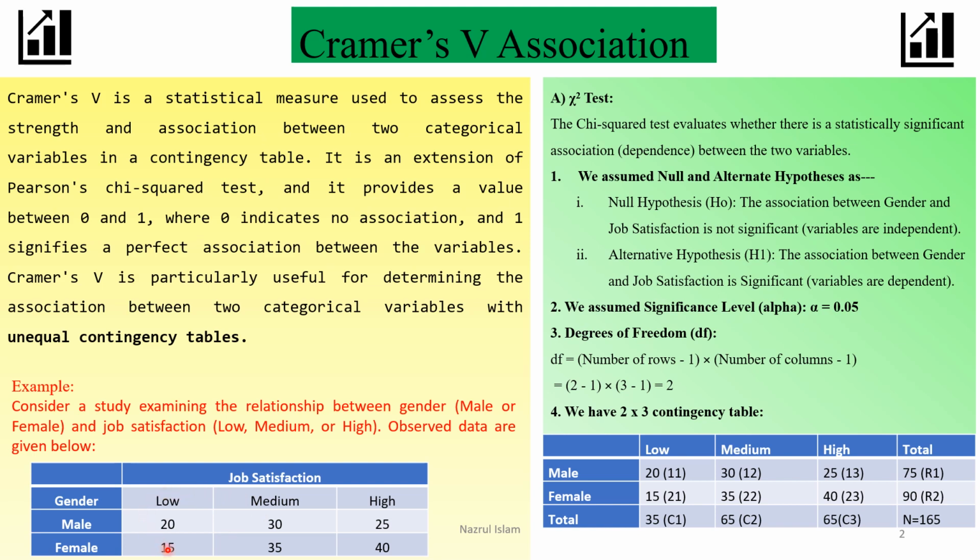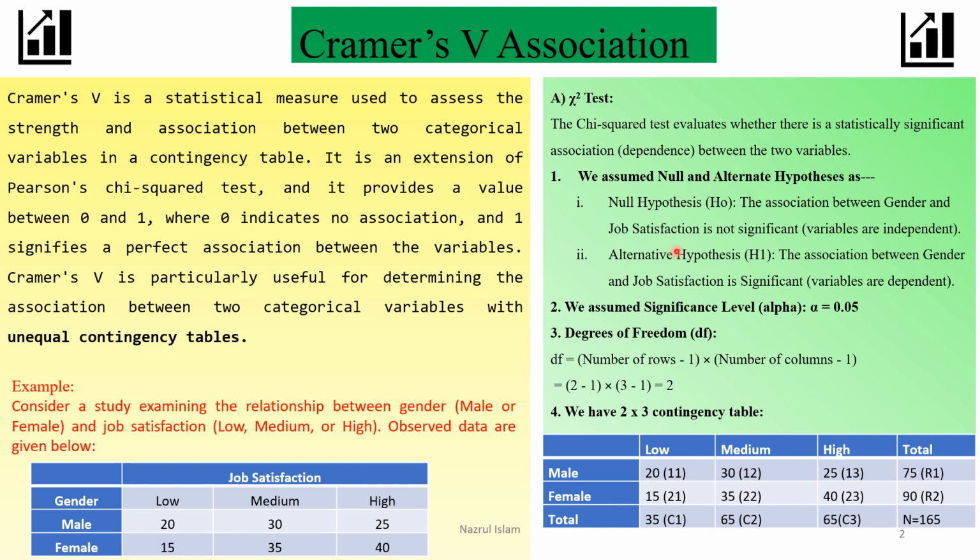All data are in categorical form and we have 3 columns, low, medium and high, and 2 rows, that is male and female. We have to perform chi-square first to evaluate whether there is a statistically significant association between the two variables.